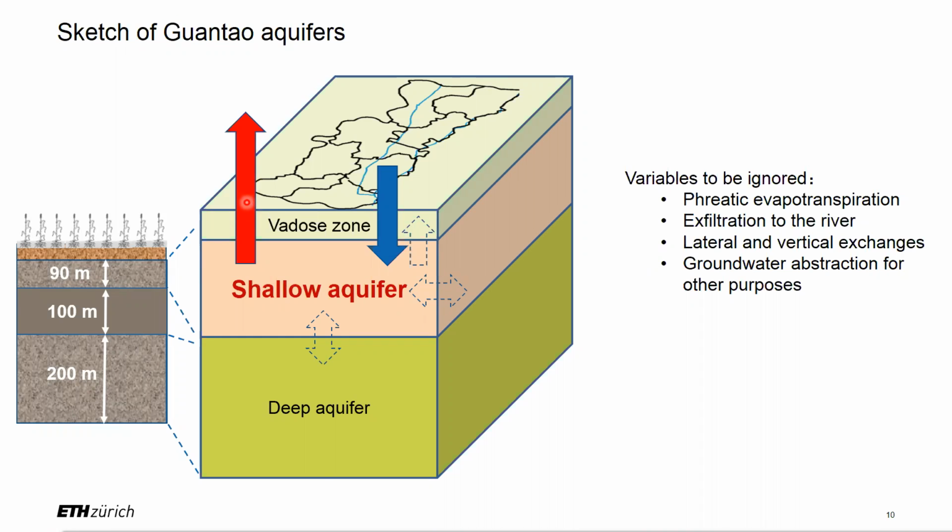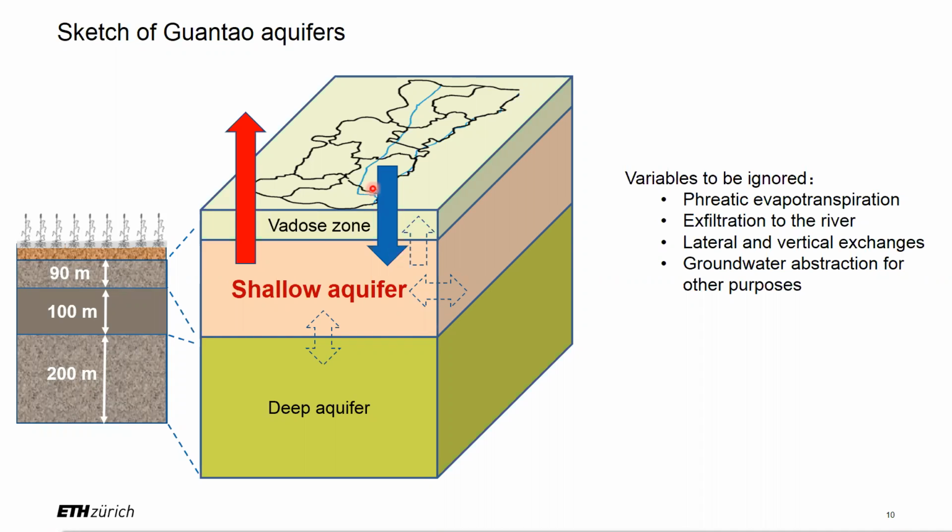Some variables can be ignored because the depth of groundwater in the shallow aquifer is very low, about 20 meters. The phreatic evapotranspiration can be ignored. Also, the exfiltration to rivers and other surface water bodies can be ignored.